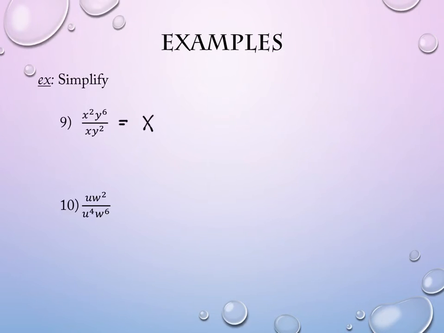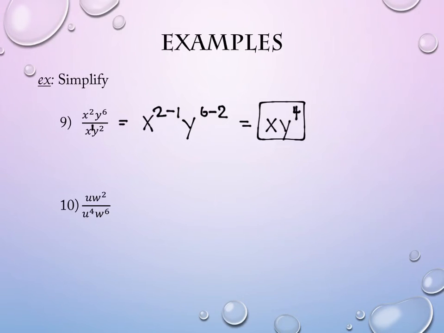So I have x on top to the power of 2, and on the bottom is the power of 1, so it's x to the 2 minus 1. Y on top with the power of 6, the power of 2 on bottom, so it's 6 minus 2. So 2 minus 1 is 1, so you can either write x to the 1 or just x. 6 minus 2 is 4, so I have y to the 4th.